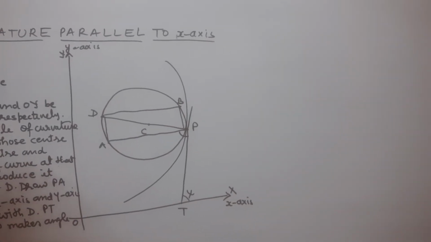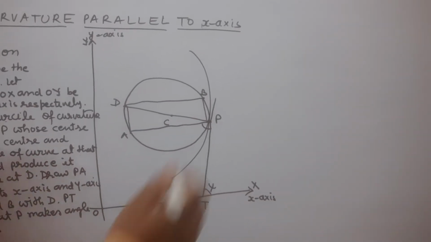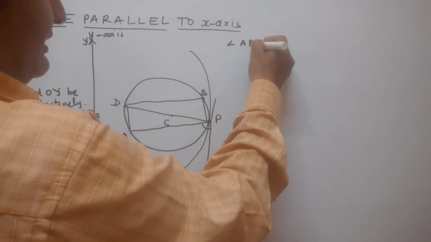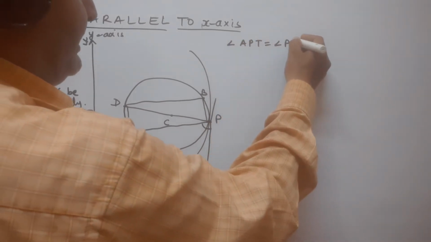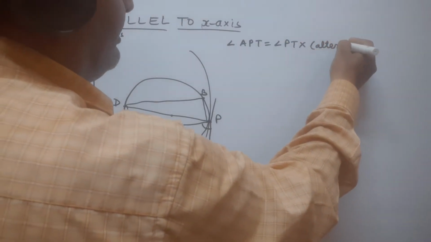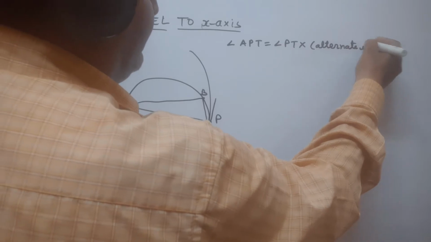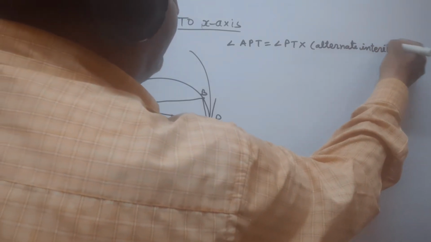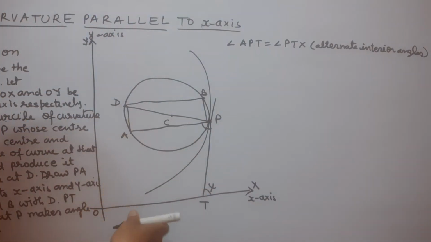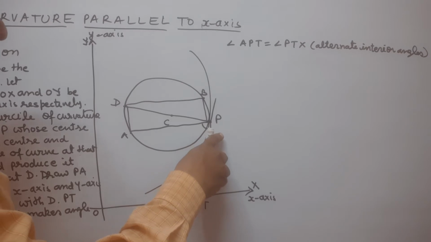These are equals. We can see here angle APT is equal to angle PTX because these are alternate interior angles. So these are equal because AP is parallel to x-axis and PT is the transversal.